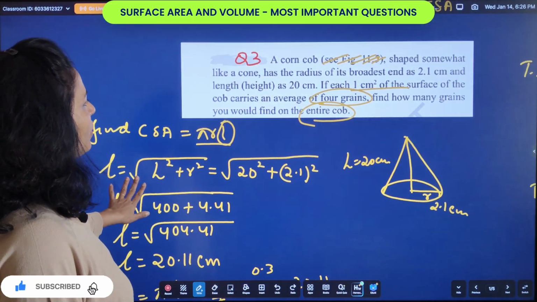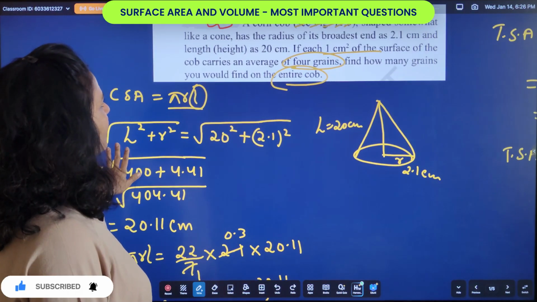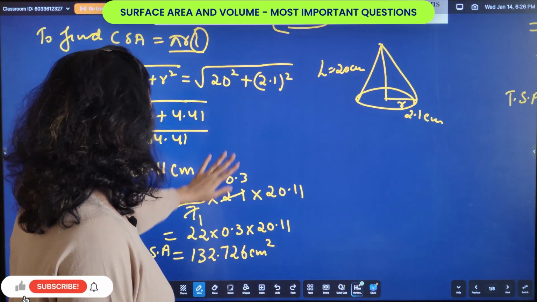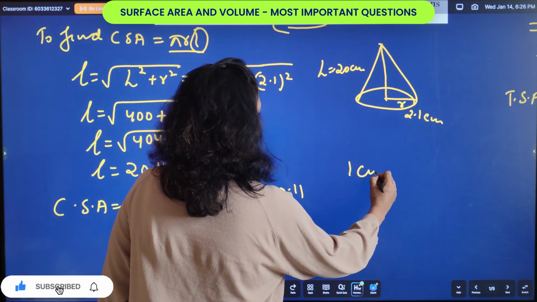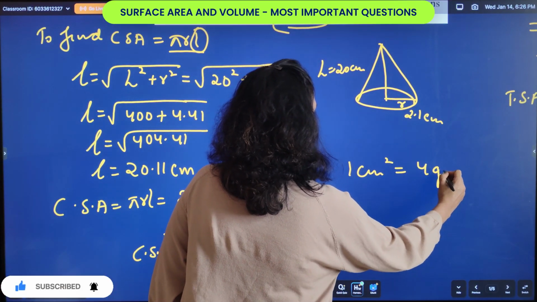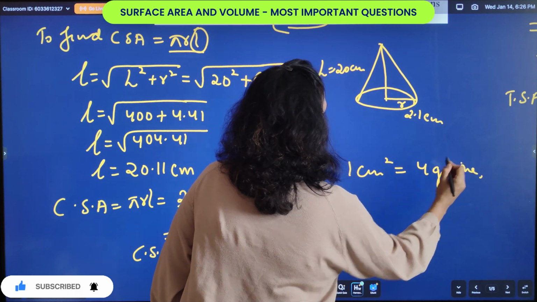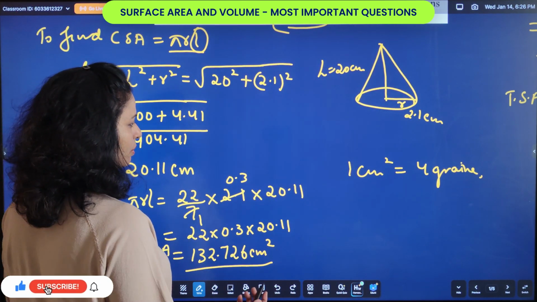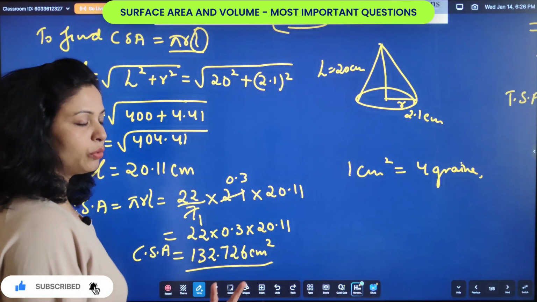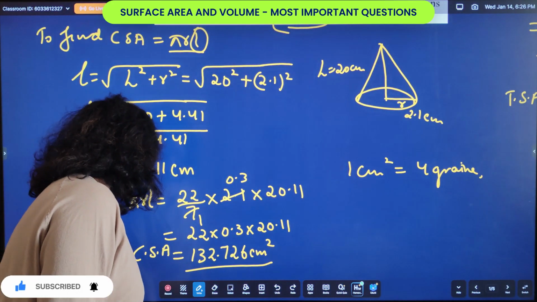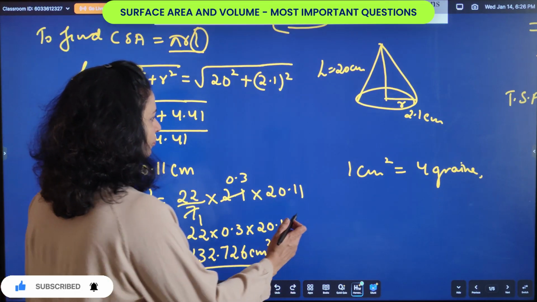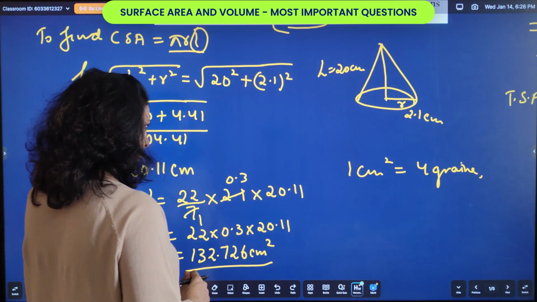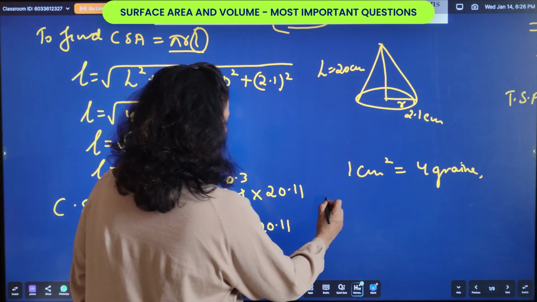So if you see the question, they've given you 4 grains. 1 centimeter square area is for 4 grains. So for this much centimeter square, how many grains will be present? So how do we find that?